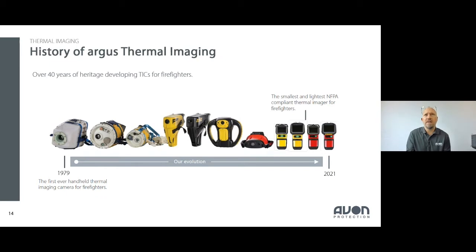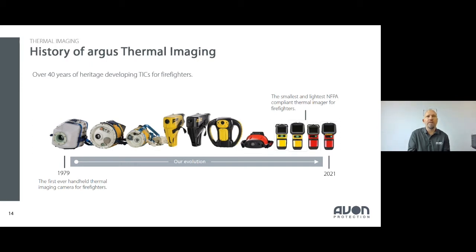And then of course in 2012, due to the Shirley Towers incident in the UK, where we lost a firefighting team who weren't carrying thermal imagers, the British government did an independent inquiry into the loss of life, and it was recommended that every firefighting team, every BA, breathing apparatus team, should all have a thermal imager.